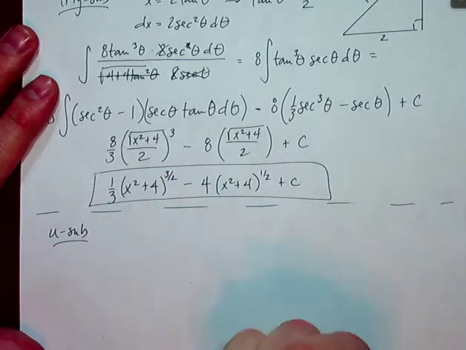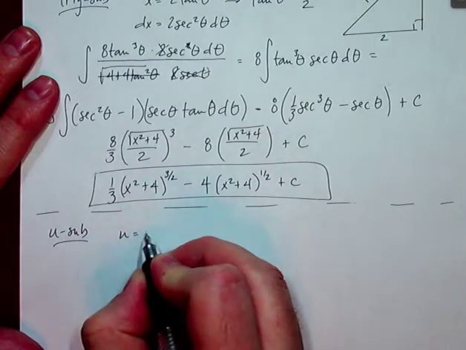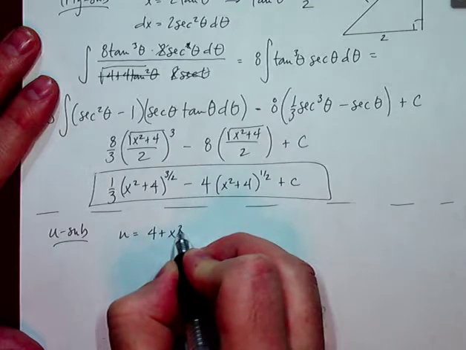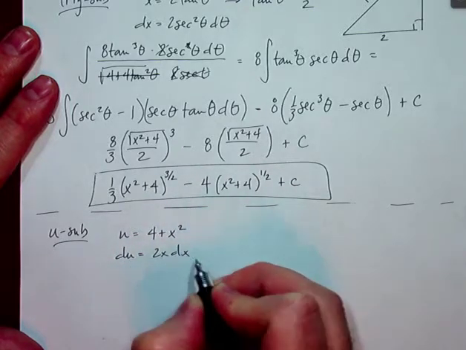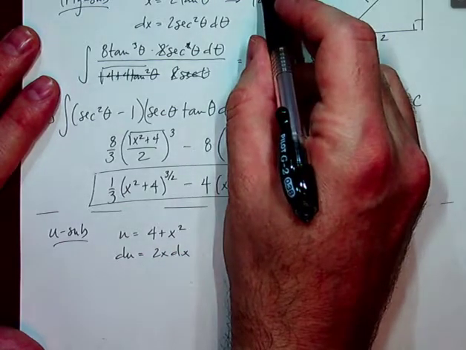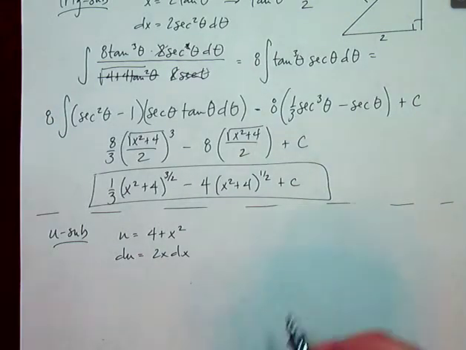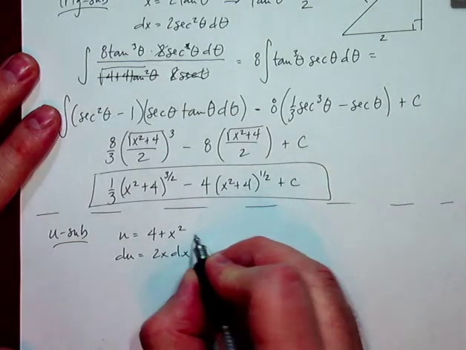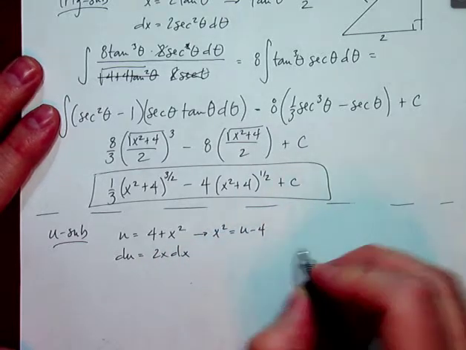Okay, well, it stands to reason that if I'm going to do this by u sub, then my u is going to be the radicand, right? And therefore, du is equal to 2x dx. And remember that I'm going to plug in for x squared, so I need to do what I've referred to in the past as back substituting, okay?